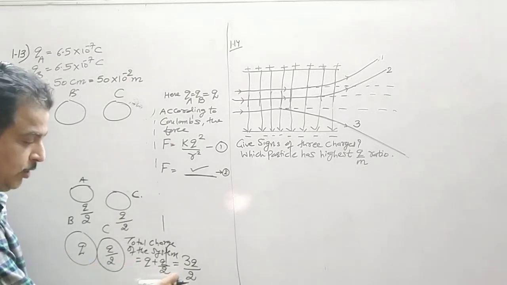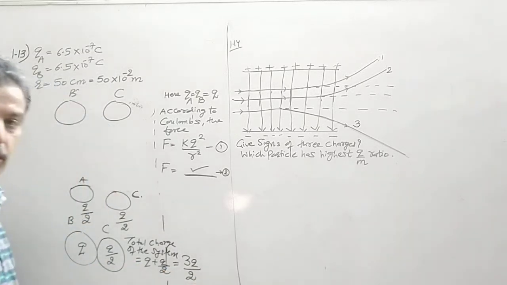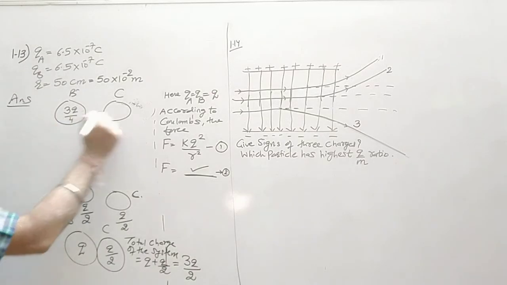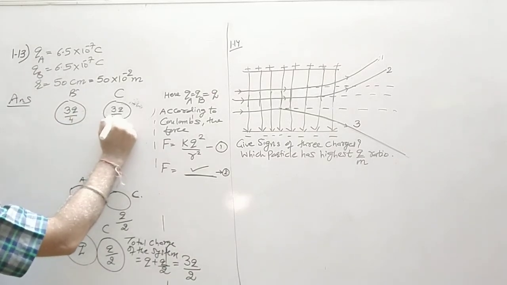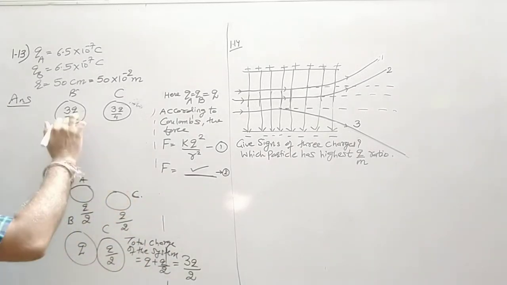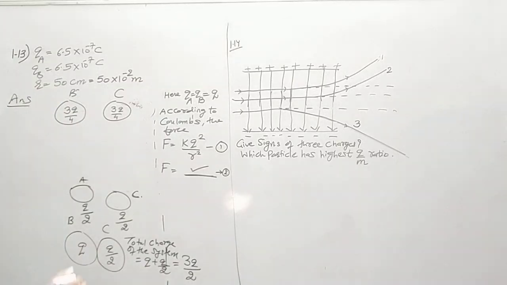So this charge should be divided by 2. So each sphere will get a charge of 3Q by 4. What I have done is, I have divided this into equal parts. So now B has a charge of 3Q by 4 and A has a charge of Q by 2.